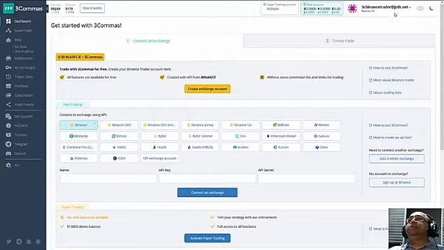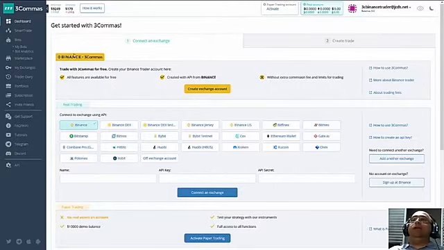Here my email address, and I can create my exchange account here, or I can connect an existing account. That's a very important difference, because if I use the Binance Trade account, I have 3commas for free.